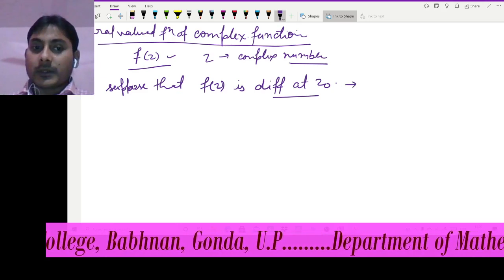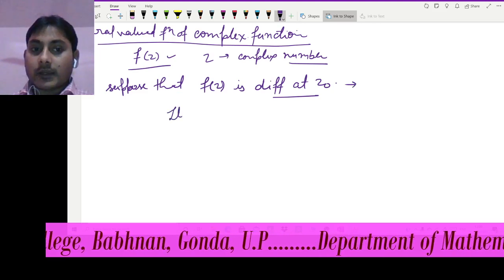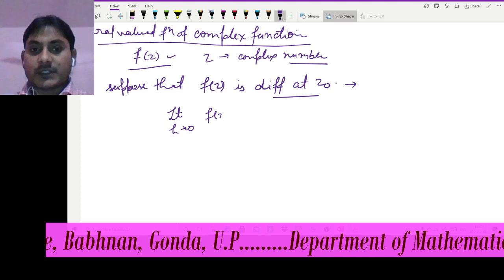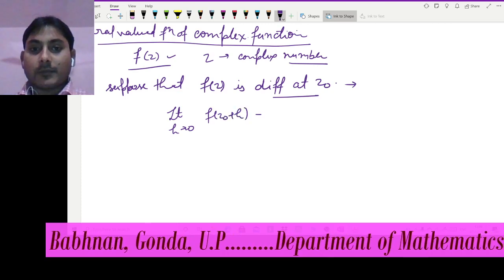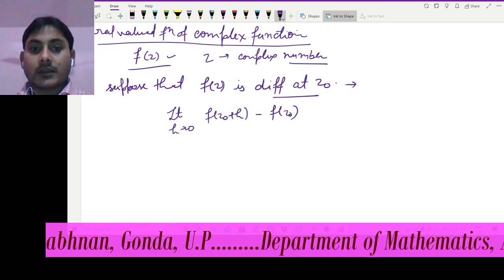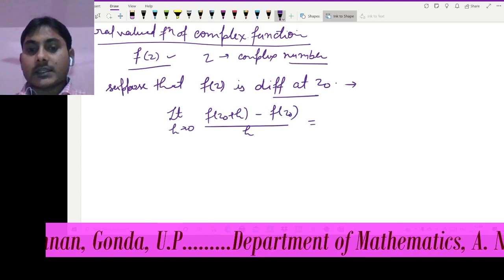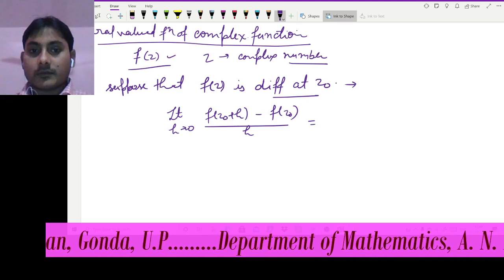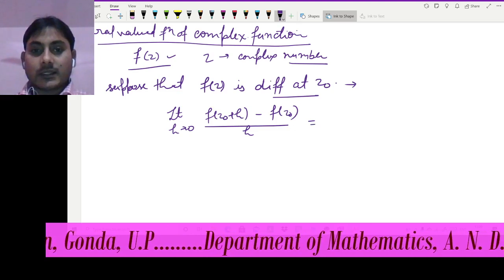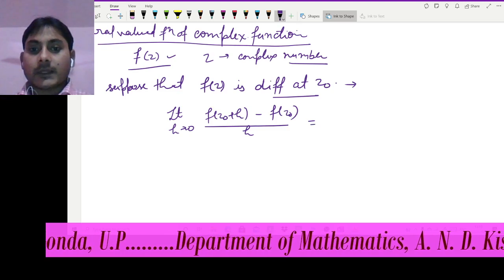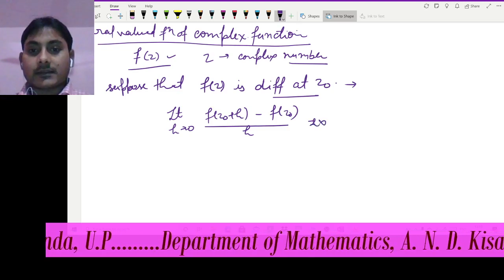Your conclusion will be this particular limit as h tending to 0, f of z0 plus h minus f of z0 upon h, exists.